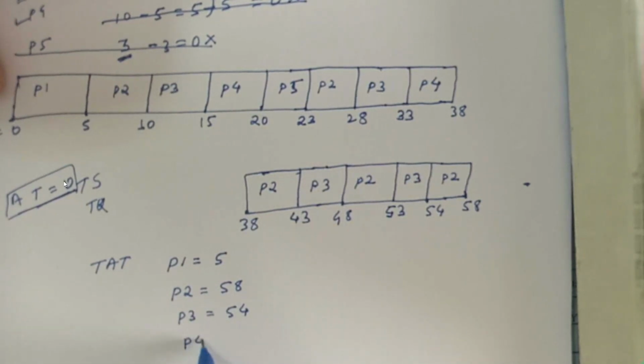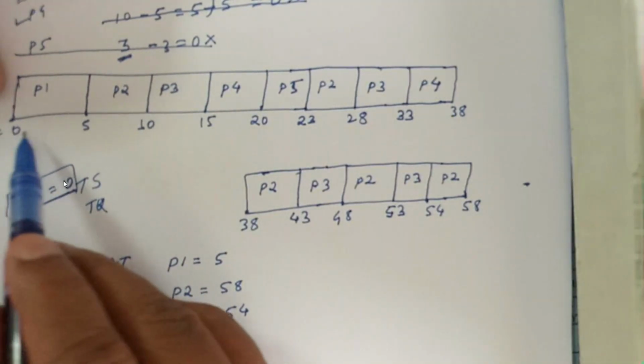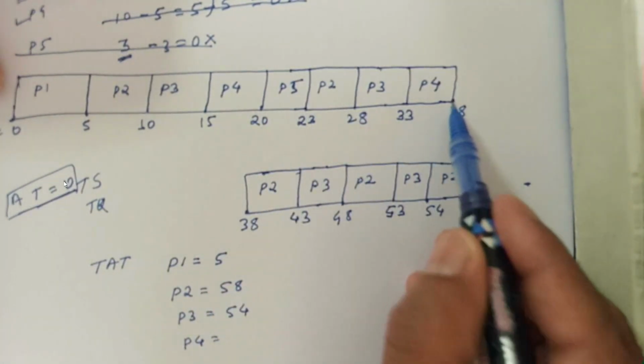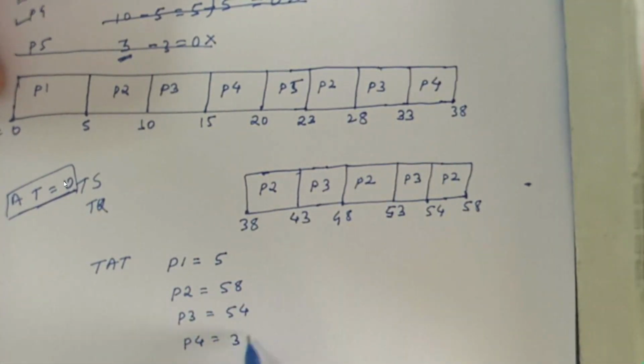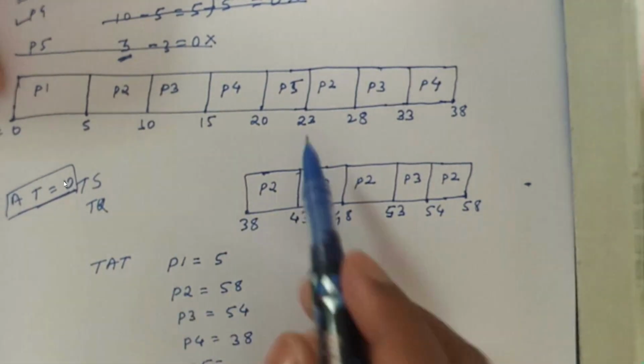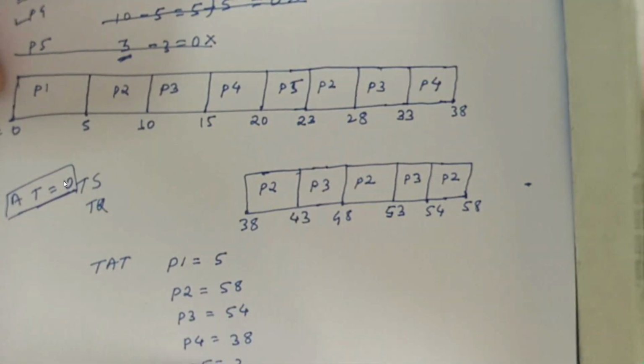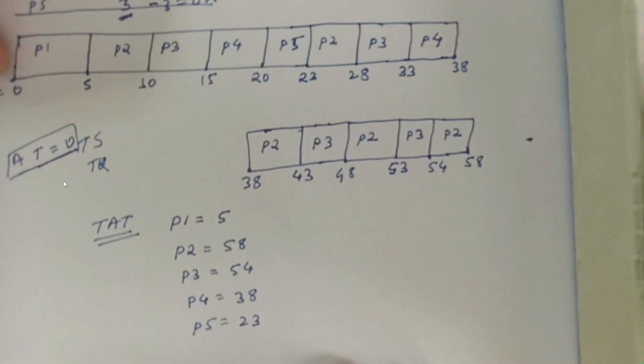Then for process P4, submitted at 0, completed here at 38. So 38. And finally process P5, submitted at 0, completed here at 23. So 23. This is nothing but turnaround time of these processes.